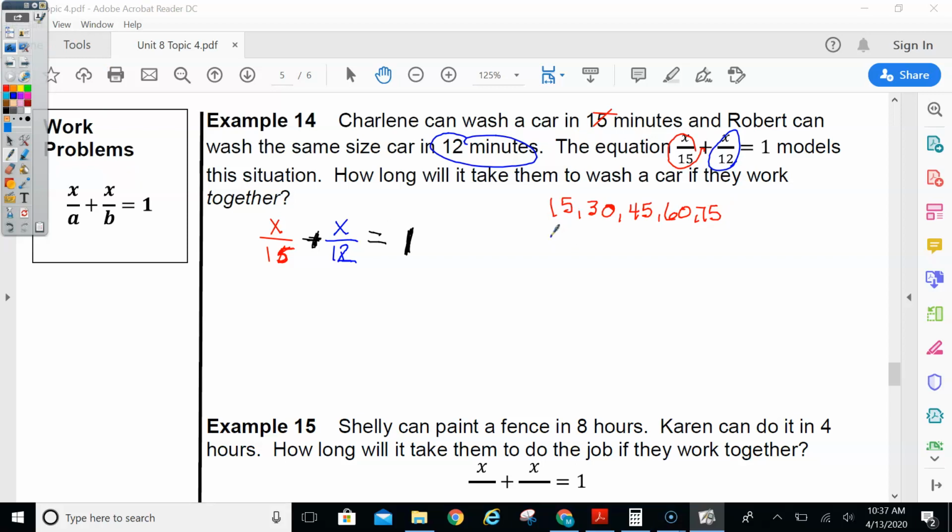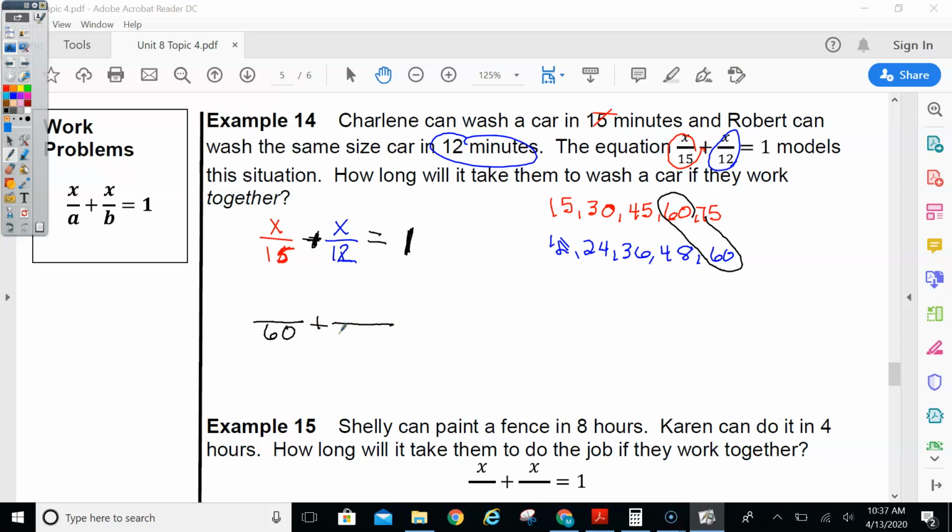So 12 times 1 is 12, times 2 would be 24, times 3 is 36, 4 is 48, 5 is 60, and then right there I see that I have a common number of 60. That means I want to make both of these denominators 60.